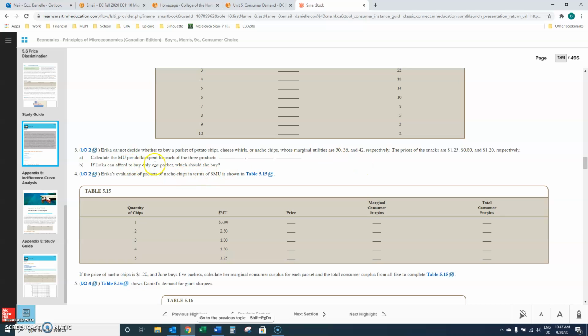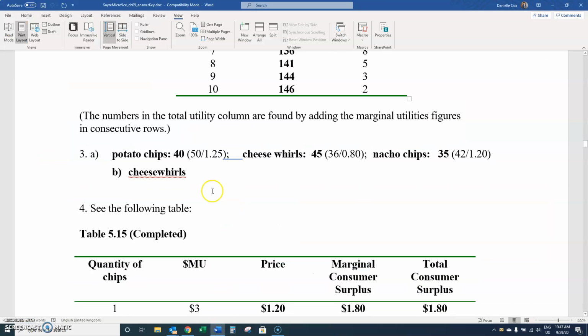For potato chips, it's the marginal utility divided by the price. So 50 divided by 125, which is 40, for the potato chips. Cheese whirls would be 36 divided by 80, and nacho chips would be 42 divided by 120, which again is posted here in the solutions.